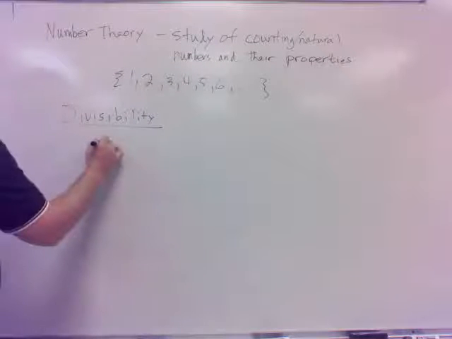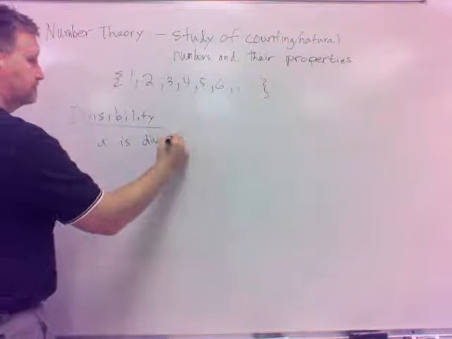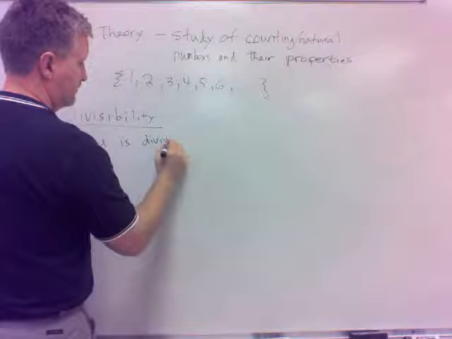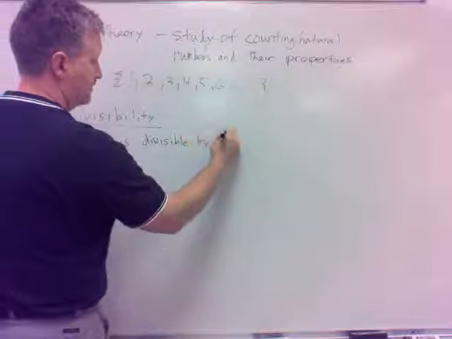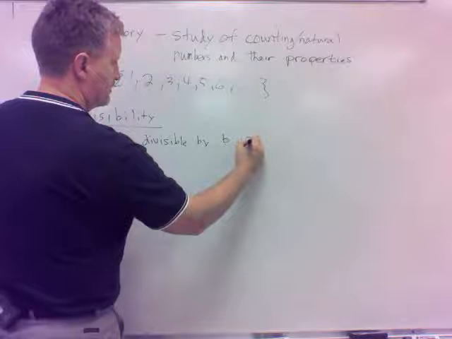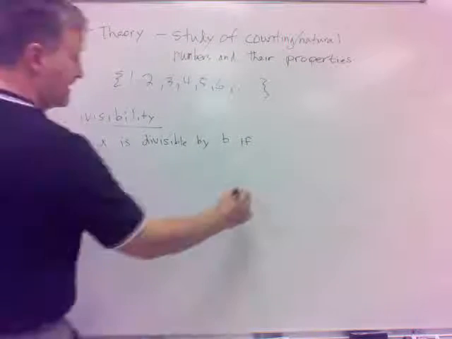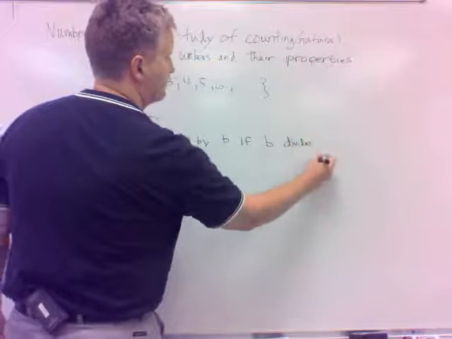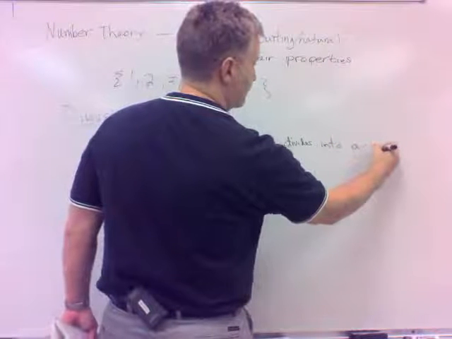A is divisible by B. Talking about two numbers there, if B goes into A evenly, divides into A evenly, no remainder.